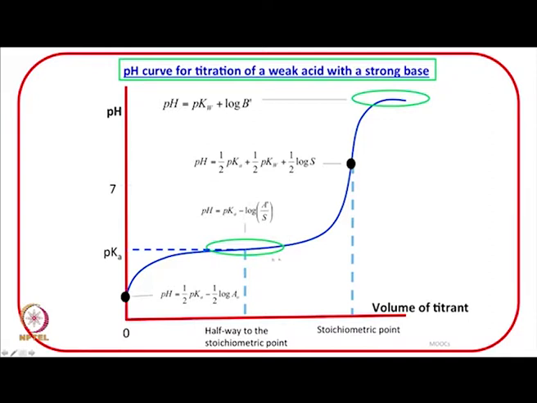This flat region has a lot of significance. That means a slight addition of an acid or a slight addition of a base is not going to change pH significantly, because you see within this circled region, this is a flat region and the pH of the solution does not change when you add a little more amount of the titrant, and that is what is called the buffer action.